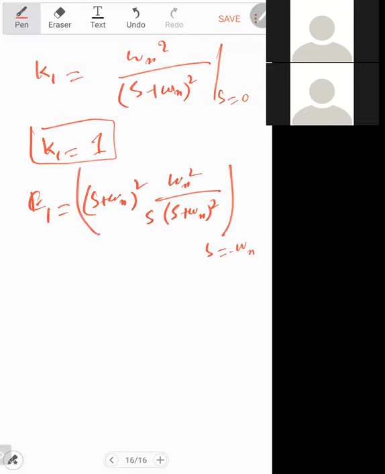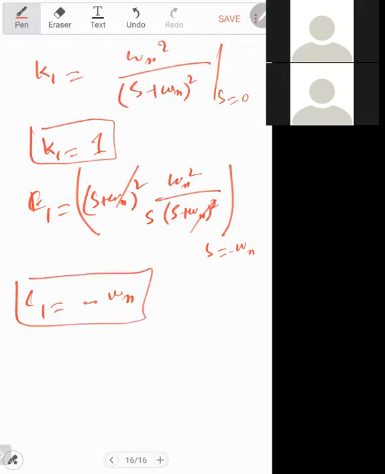All will become equal to 0 except c1. This will cancel out, and you are getting c1 is equal to omega n square divided by minus omega n, so you will get minus omega n.